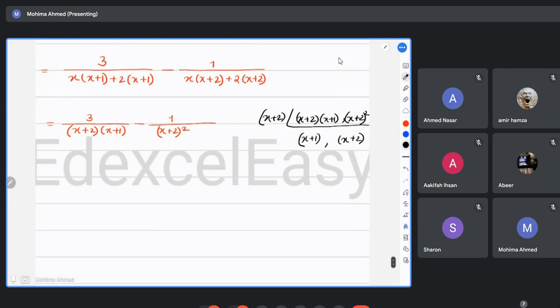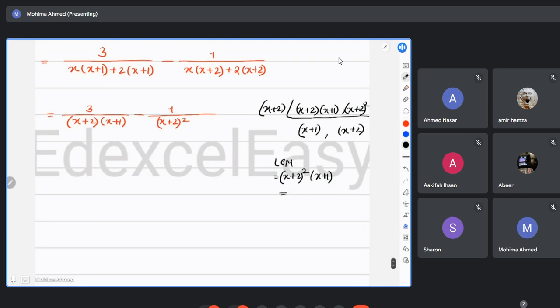At the end, the LCM over here turns out to be x plus 2 whole square and then x plus 1. x plus 2 whole square is just going to be x squared plus 4x plus 4 multiplied with x plus 1. I'll just not break them down, but I'm saying that this is how the entire expression would look. At the end, if I want to do LCM over here, the final LCM was x plus 2 whole square and x plus 1.